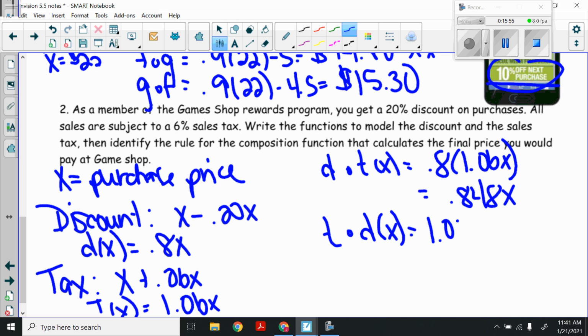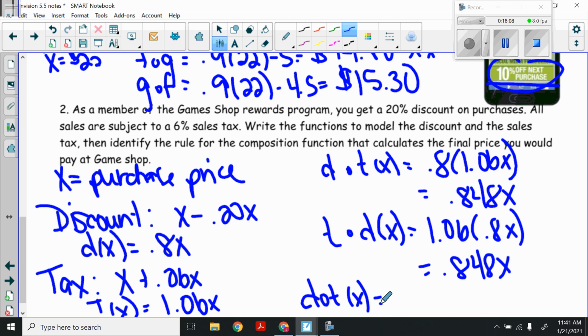I would have 1.06 times 0.8x. I'm still going to get 0.848x. So it doesn't matter how I write it, D of T or T of D, it's 0.848x. That's the equation to calculate how much you're going to pay.